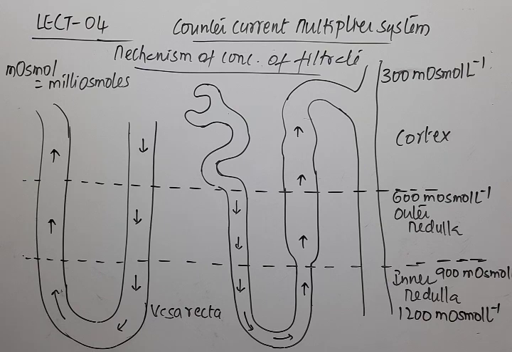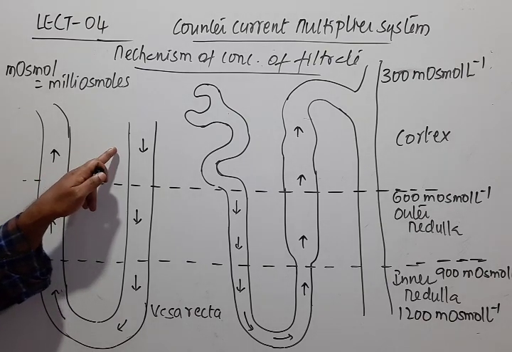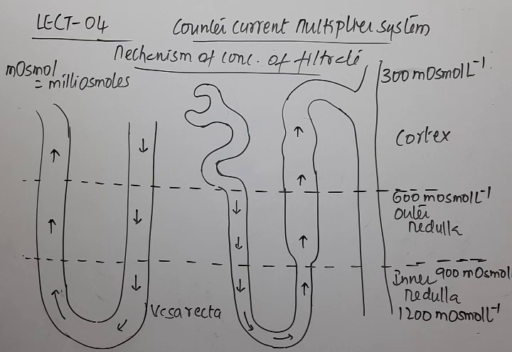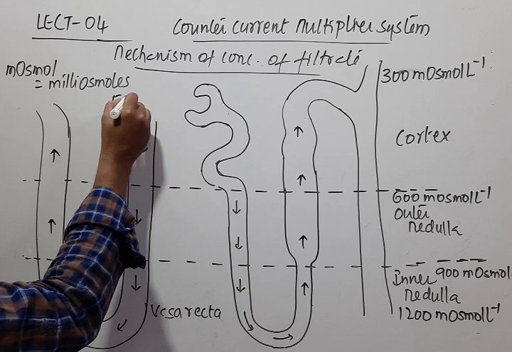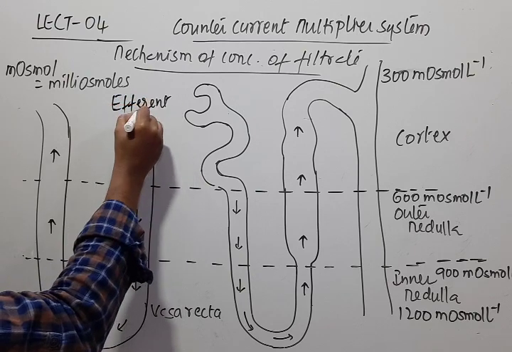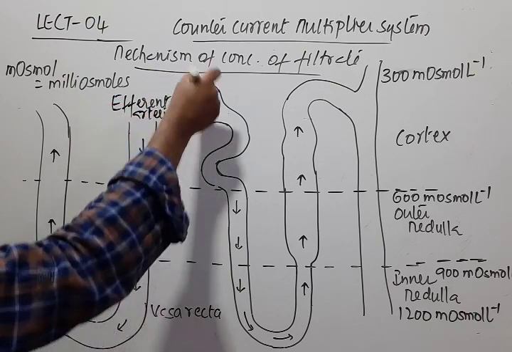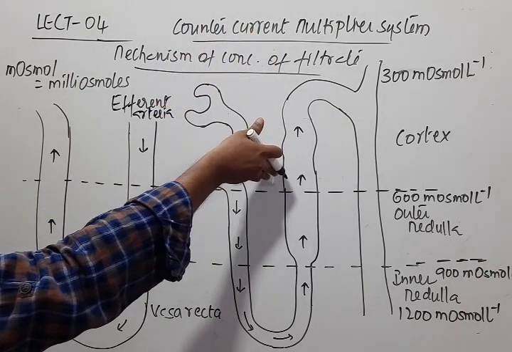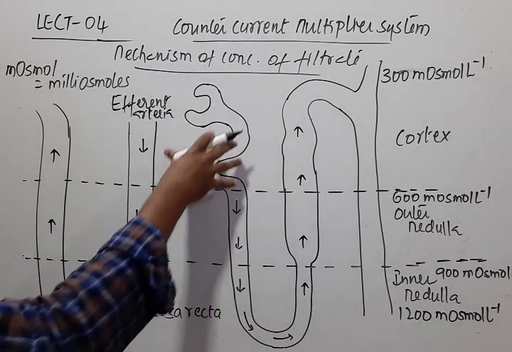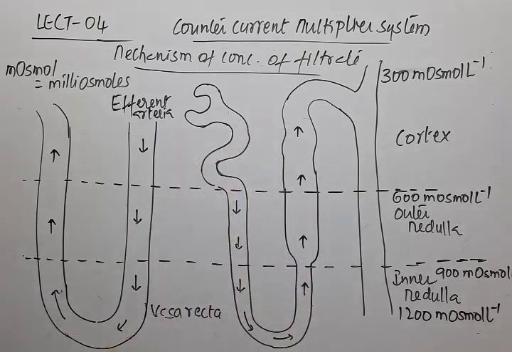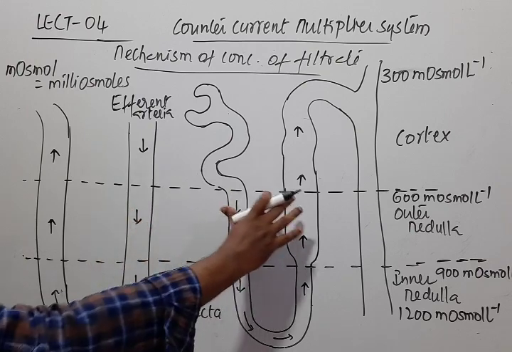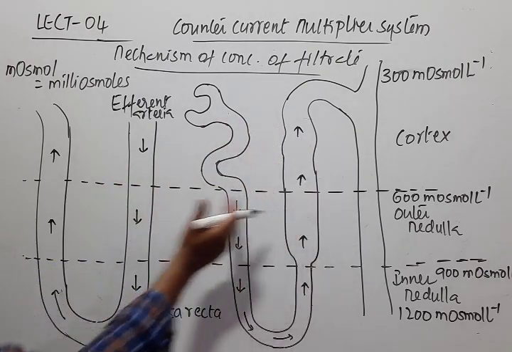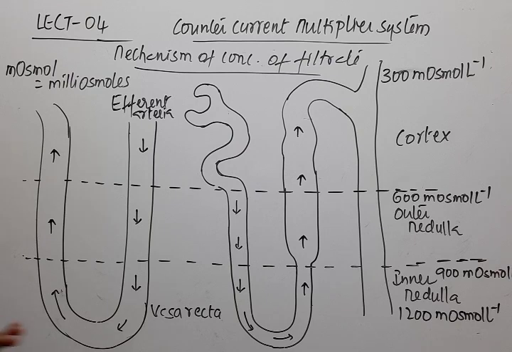Okay, right. This is the one that comes from the efferent arteriole. We know the efferent arteriole makes a peritubular network around the PCT, Henle's loop, and DCT. I have just made a simpler drawing; actually the vasa recta should be present here, but I have drawn it separately. Clear?